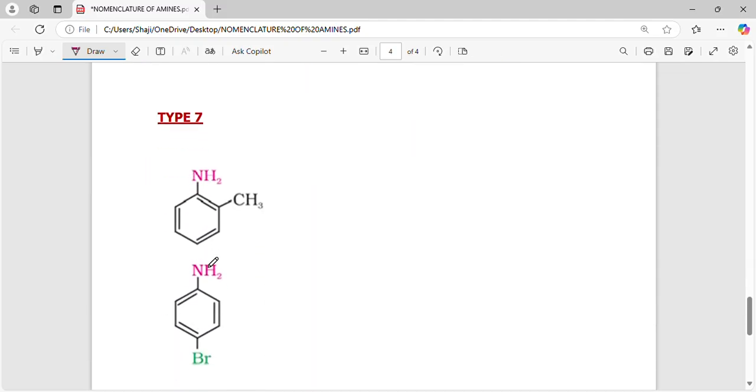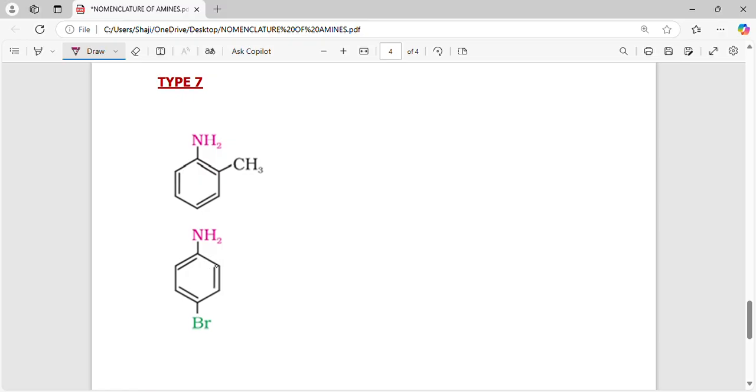Now the last type is again aniline itself, aromatic amines only, having different substituents. Here CH3 is attached with the benzene itself, not with the nitrogen atom. Since it is with the benzene, we need to position this particular carbon. The amino group is attached with which carbon? That is number 1. The next carbon is carbon 2.